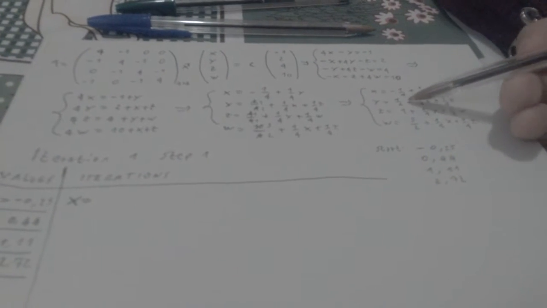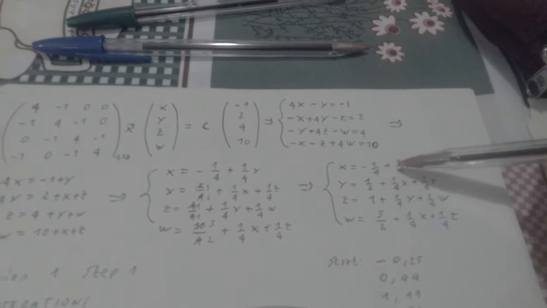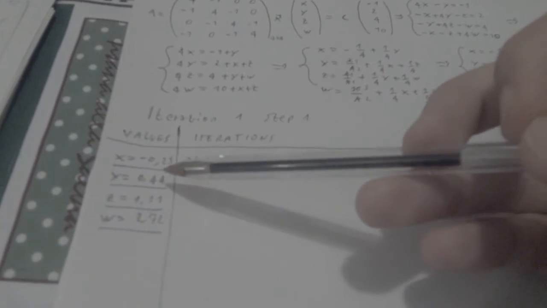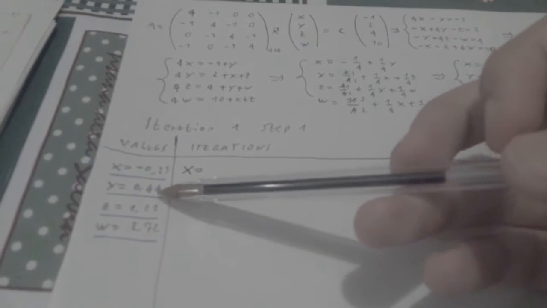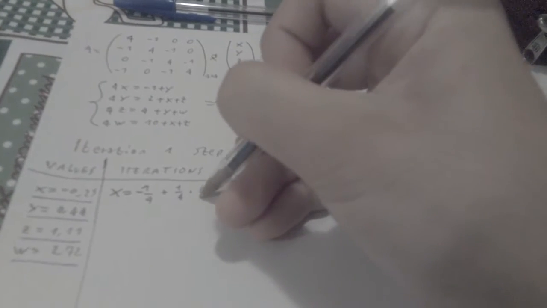So I'm going to start with a new x. I'm going to use the equation we just got: x is equal to negative 1 over 4 plus 1 over 4y, but please note that I'm going to use the value of y that the textbook gave us, 0.44. So negative 1 over 4 plus 1 over 4 times 0.44.